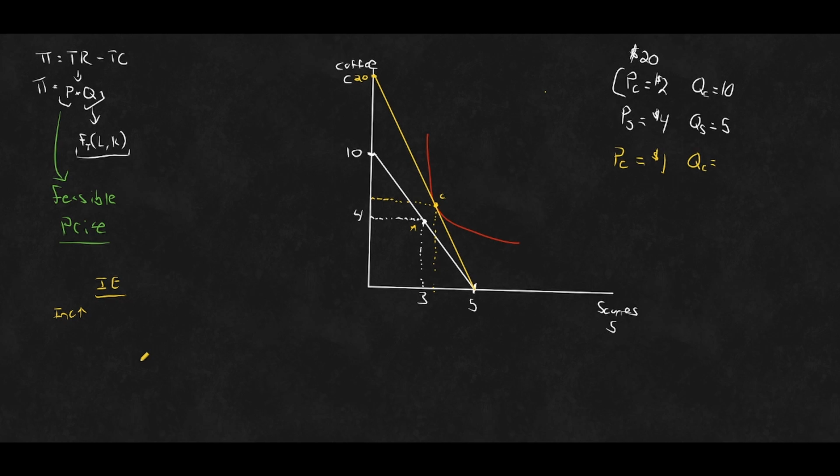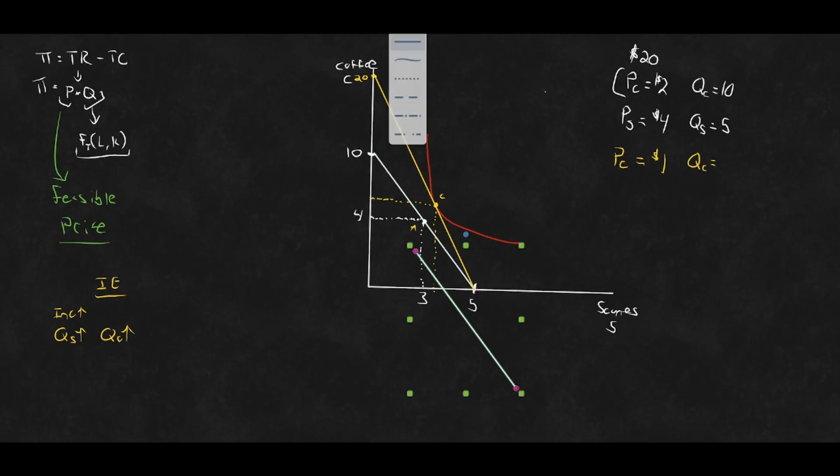Okay? If your income increases, what do you want? Well, typically, if your income goes up, you want more of everything. And we see this. We see that we would have more scones as well as more coffee as a result. How do we showcase this? Well, the income effect would be saying, how could we get up here without the change in those relative prices? And that would be, let's just duplicate our existing budget constraint here.